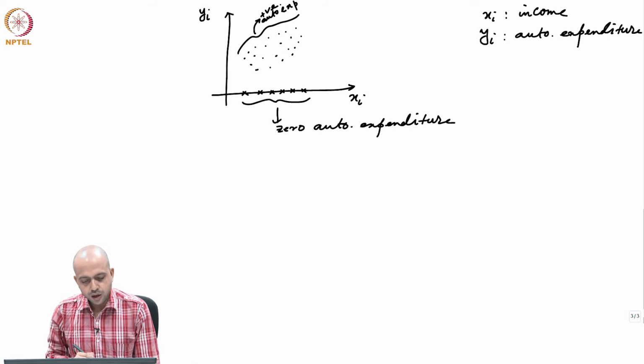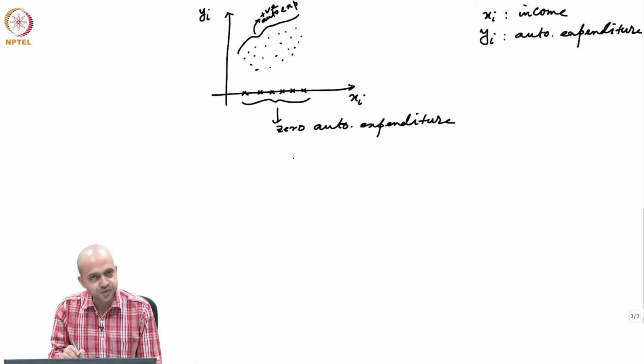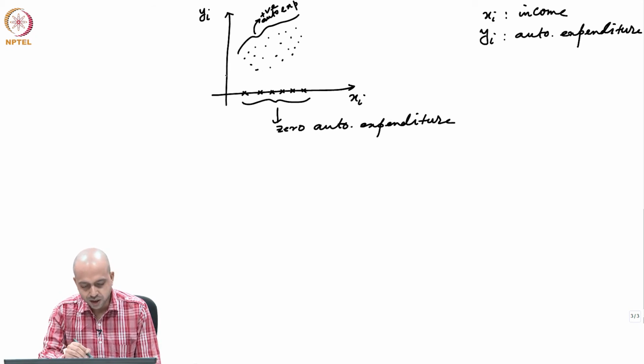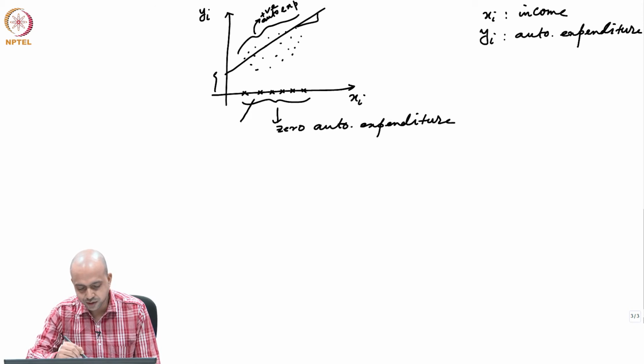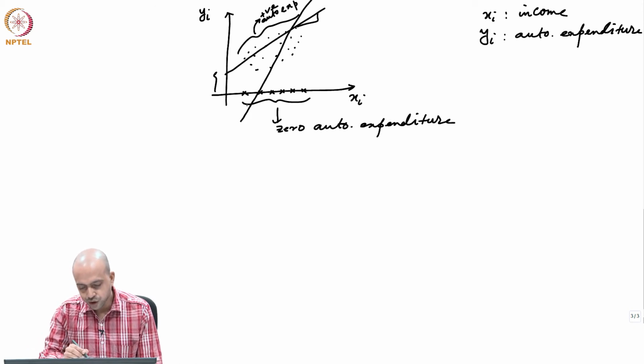Now, if you ignore these households with 0 automobile expenditure and run the regression, obviously your regression would be something like this with this intercept and this slope. But if you want to take the entire set of observations with positive as well as 0, then your regression function should be something like this, because now you have to represent the entire data set covering the 0 observations as well as the positive.